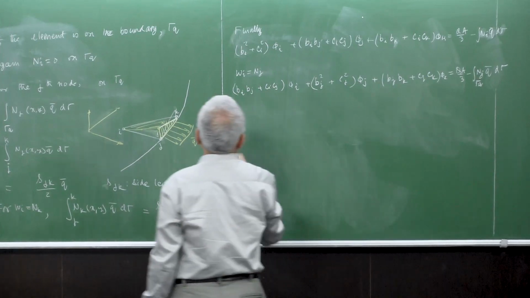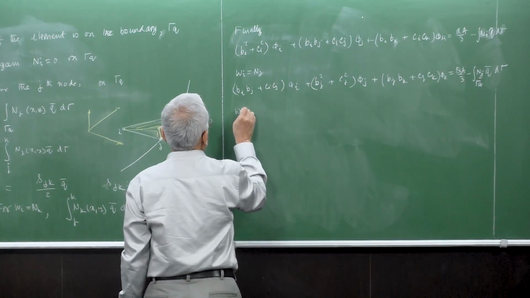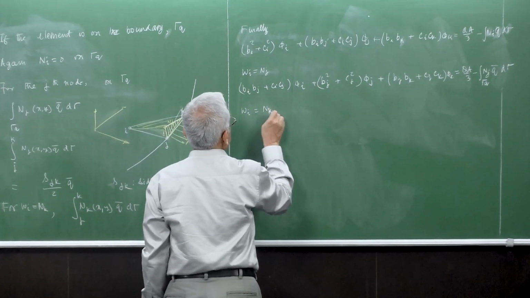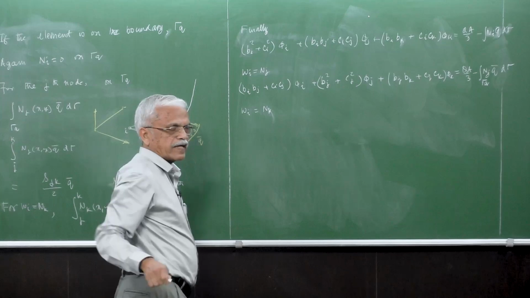So that's the second equation, and the third equation will be taking the weighting function as Nk and simplifying.